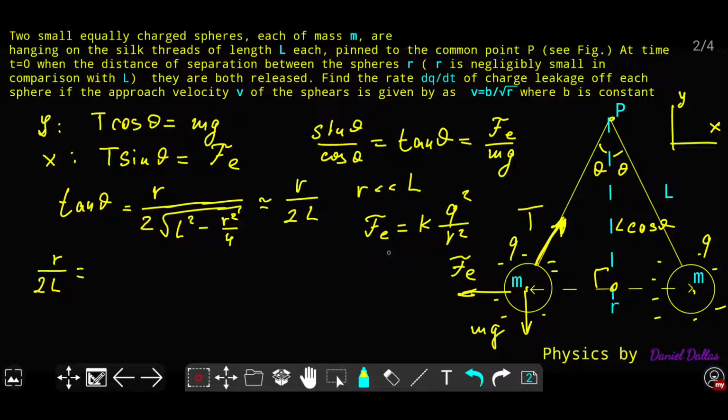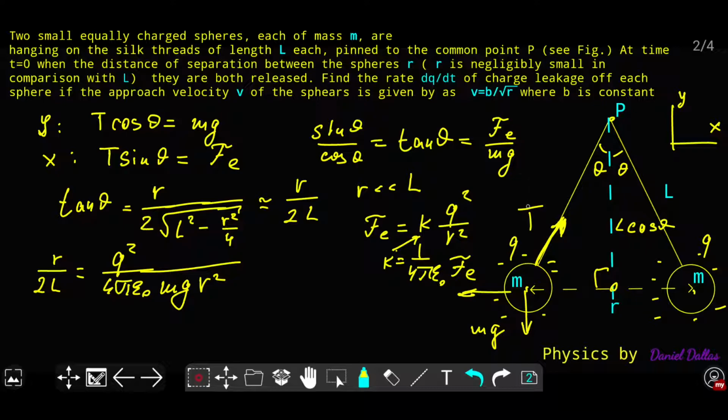Where K you can write as 1 over 4 pi epsilon 0 if you like. So if you put that instead of K, we can have the following: Q squared over 4 pi epsilon 0 equals mg over distance squared, and I guess that's it.